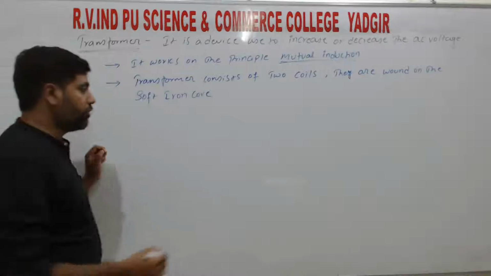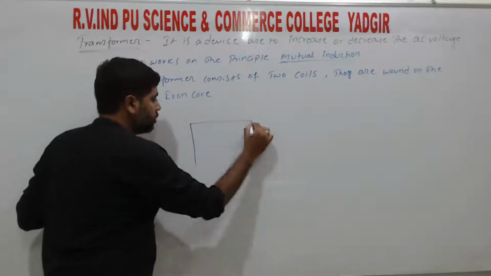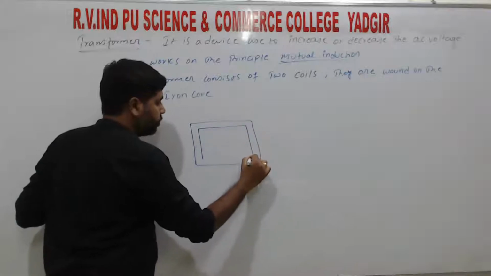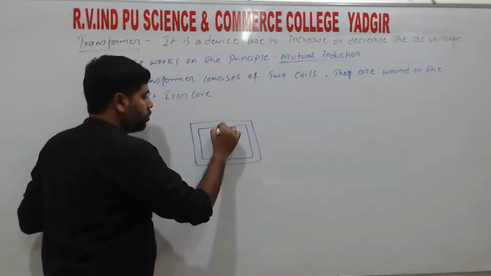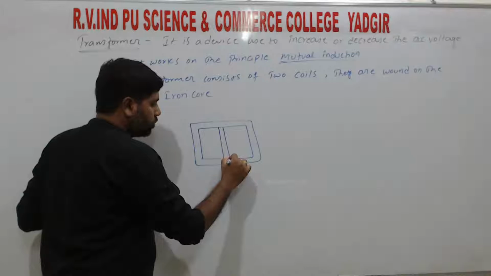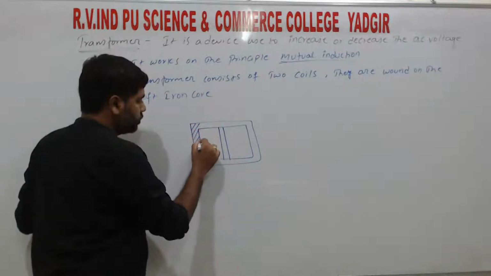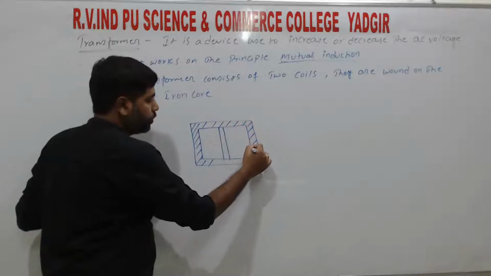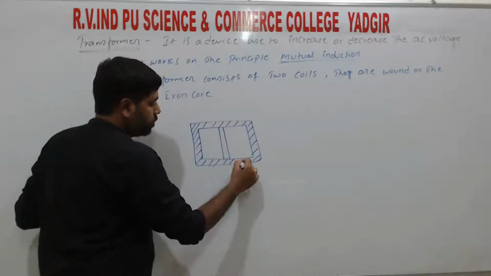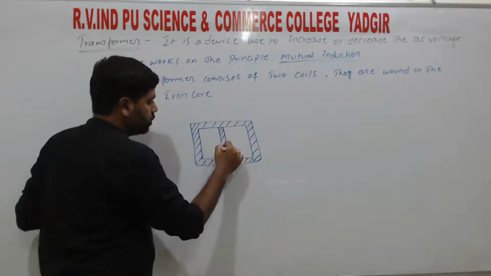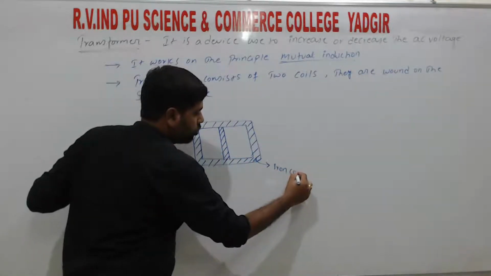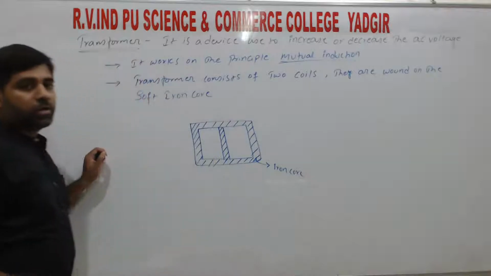So iron core, if you consider this one as one iron core, right? So onto this iron core, this shaded part is here. So this we call the iron core, right?